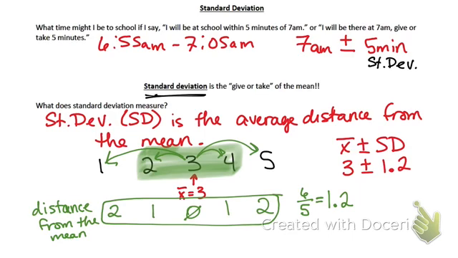A typical deviation is somewhere around 1.2. Are there some that are more? Absolutely. Are there some that are less? Absolutely. But on average, we will typically deviate by about 1.2. That is the easy, lazy way to understand standard deviation. Does it make sense at this moment? Well, come back tomorrow and we'll do the complicated way.